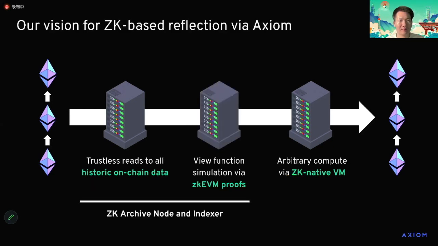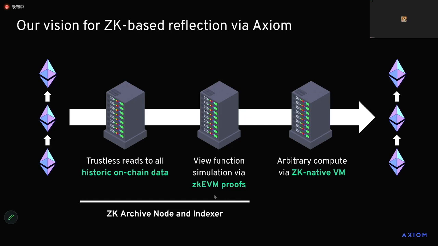Our vision for the ultimate form of ZK-based reflection on-chain is a little bit more complicated. First, we're in progress with adding all historic on-chain data. So on top of block headers, accounts, and receipts, that would constitute transactions and receipts. Second, we think that on top of this data, users should be able to simulate the execution of different view functions by executing a ZK-VM.